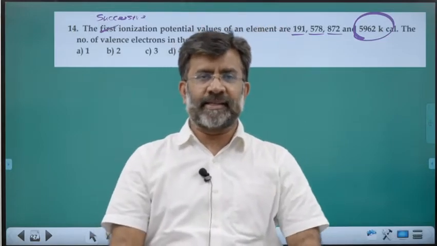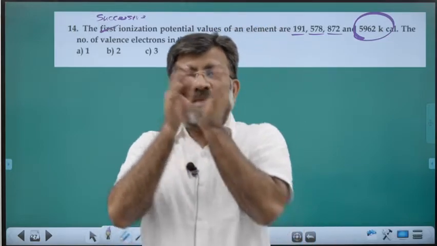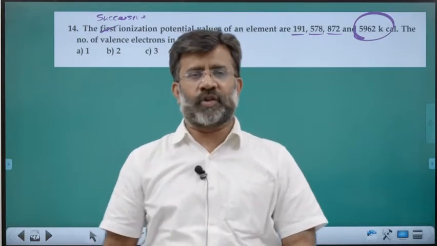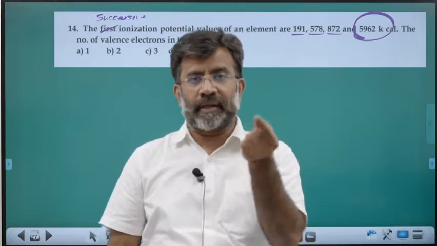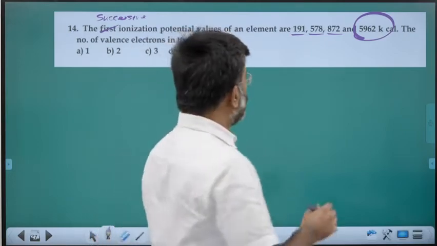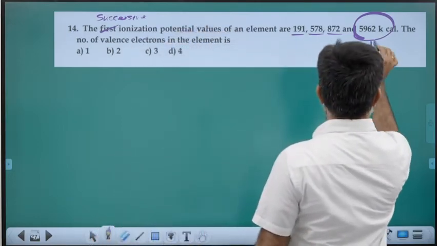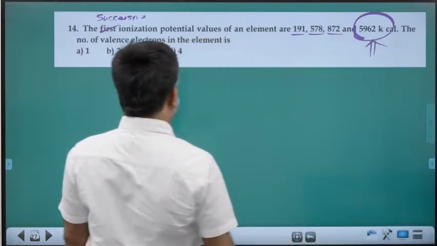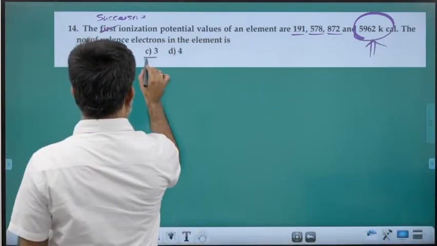That indicates the fourth electron is inside the core. 3 electrons are in the valence shell and the fourth electron is inside the core, and you find the removal of the fourth electron is really tough, with a large jump. And the answer is option C.